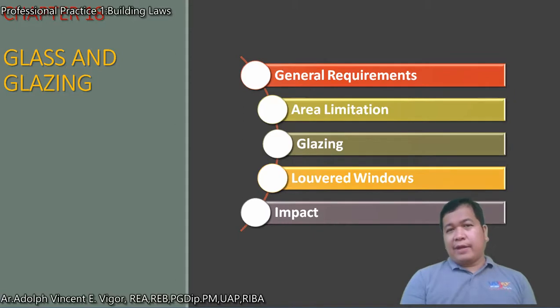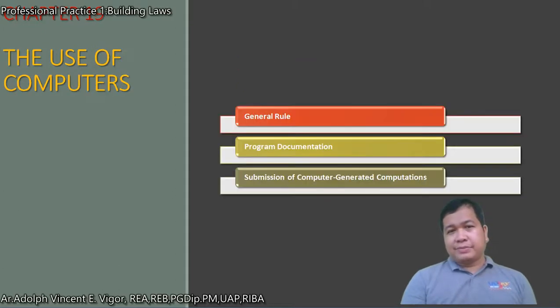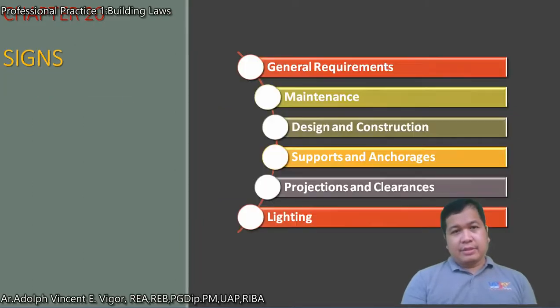Then you have chapter 18, glass and glazing. So you can see the general requirements, area limitation, glazing, louvered windows, and the impact. Then signs: general requirements, maintenance, design, construction, support and anchorages, projection and clearances, lighting.